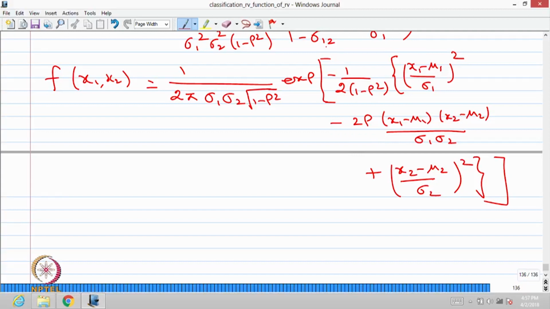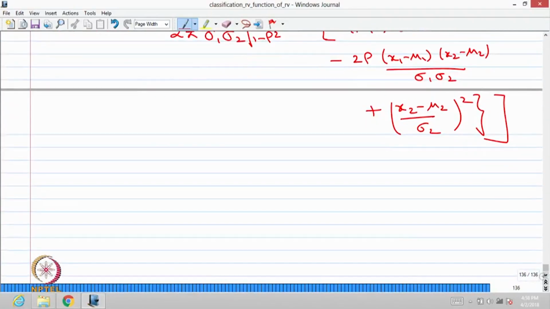So, you will have the first term as well as the third term. Similarly, when rho square becomes 0, the square root of 1 minus rho square won't matter. So, when they are independent random variables, you can easily write it as the product of two probability density functions of normally distributed random variables.